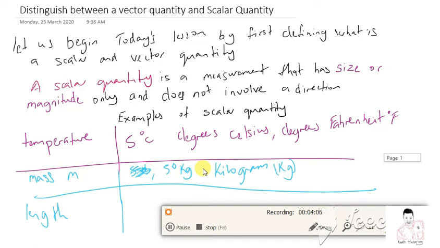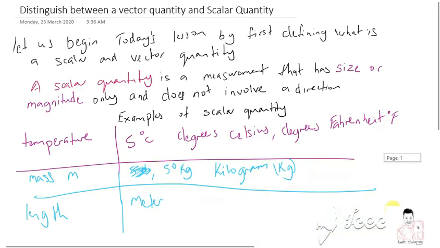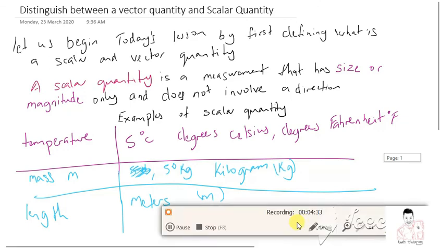So if you were to measure the distance of your book or the length of your book, we know that if you use a meter ruler, the units would be in meters. And the symbol for meters would be m.